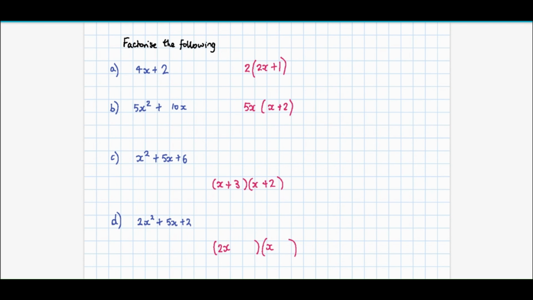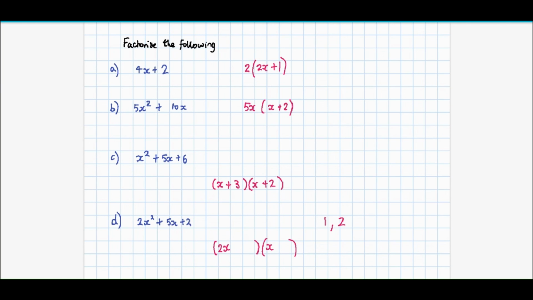So if you think about the different options, we've got 1 and 2, and those are the only factors which are going to times together to make 2. So we're going to want to times one of these numbers by 2, and then we're going to want to plus that to one of the numbers to then make the 5, if that makes sense.